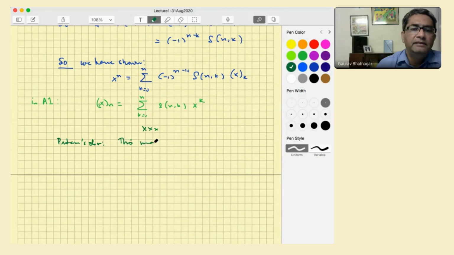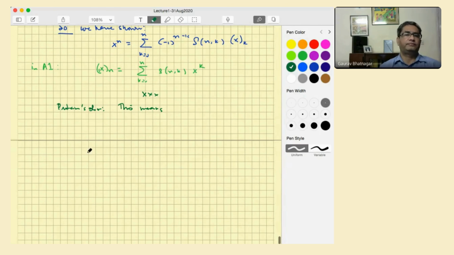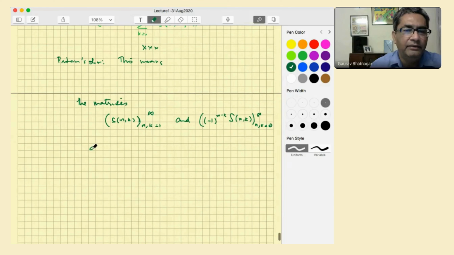This means that the matrices small s and (-1)^(n-k) capital S, for n, k going from 0 to infinity, are inverses.